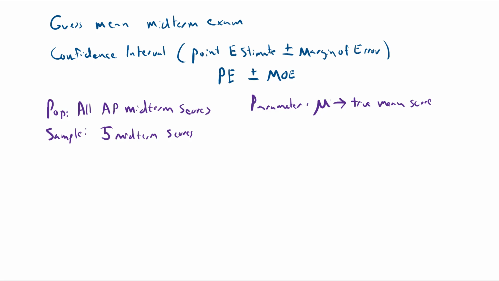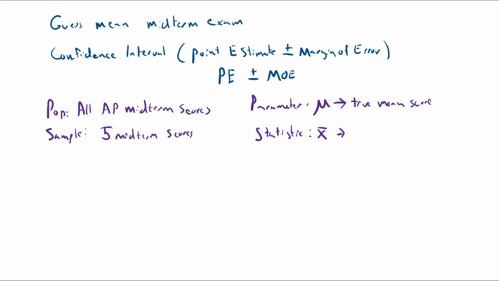And with this, the statistic is going to be our 5 scores we get. In which case, it will be the mean value that we get from our 5 scores.